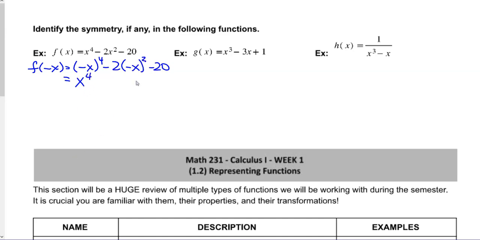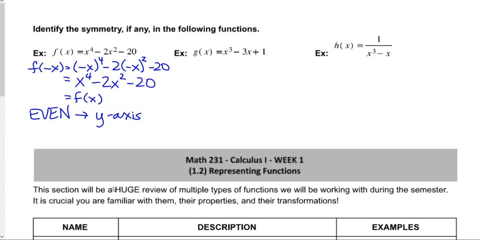Whoops, that should be a squared. So when I square it, that gives me a positive x squared times a negative 2, still negative 2x squared, minus 20. If I compare that to the original function, that is exactly the same. Therefore, this is f of x. So this constitutes an even function, which means that we are symmetric to the y-axis.